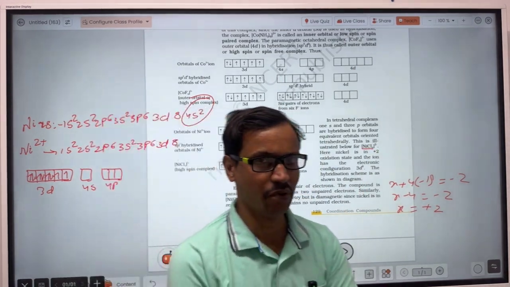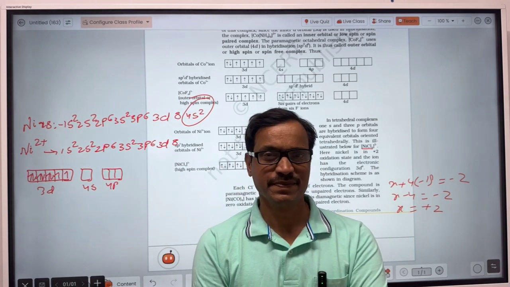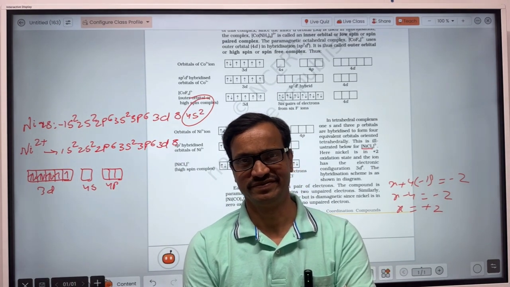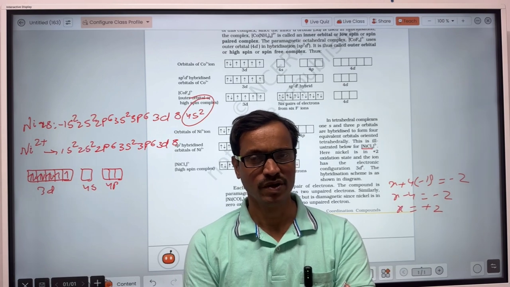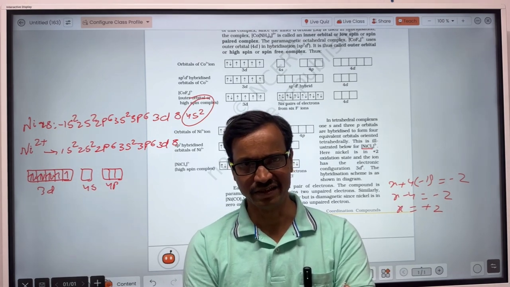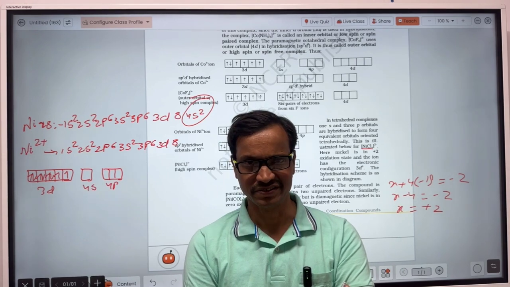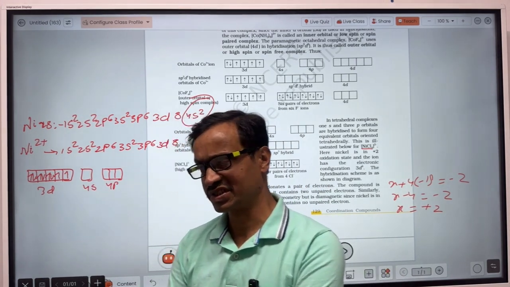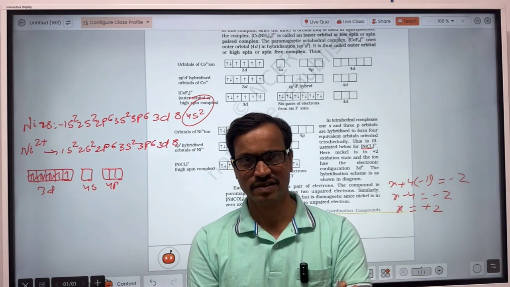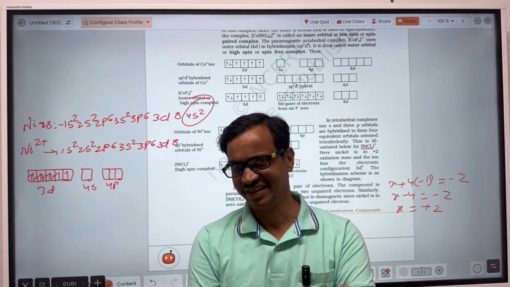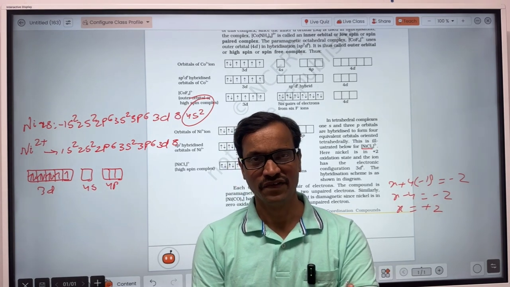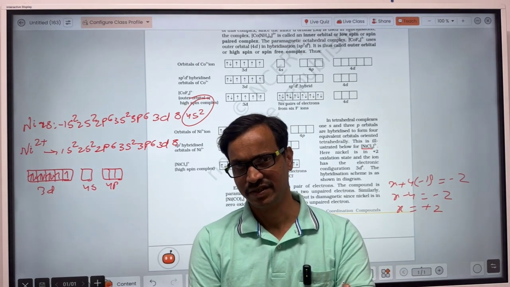So to form 4 sigma bond, there will be requirement of 4 hybrid orbital. And to form 4 hybrid orbital, the 4 atomic orbital will merge together. Here Cl minus, as F minus was a weak field ligand, like that Cl minus here also is a weak field ligand.